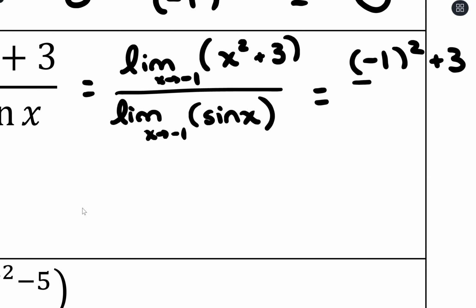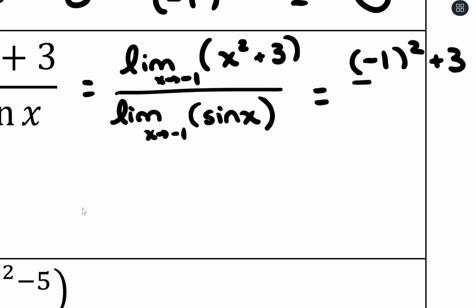And what I'm going to do here is go ahead and plug into the calculator because that's not a nice y coordinate on our unit circle. So let's go to our calculator. And what I'm going to do is make sure I'm in radian mode.